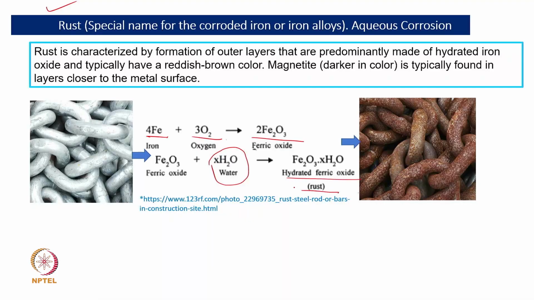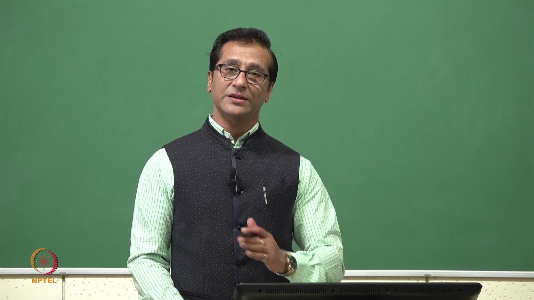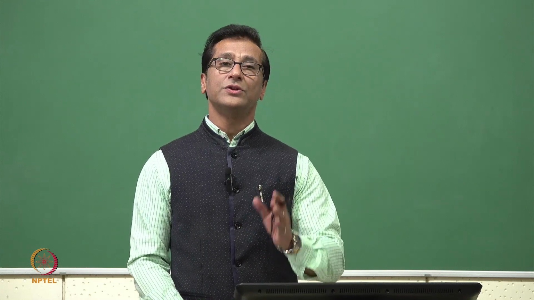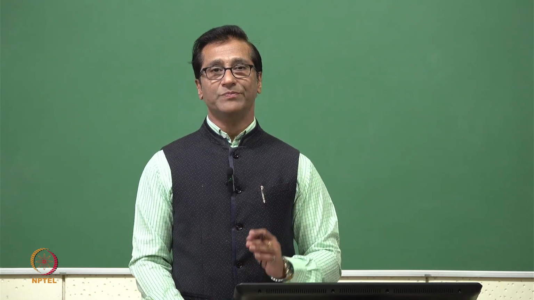That's why hydrated ferrous oxide becomes rust. Now a number of cracks and pores develop on the surface, and again water ingresses and makes another layer, and another layer, and another layer. That is more problematic.